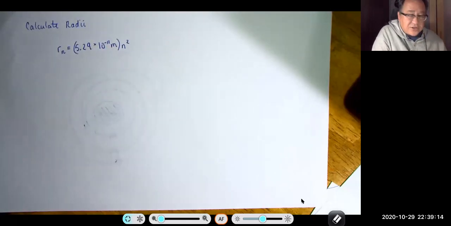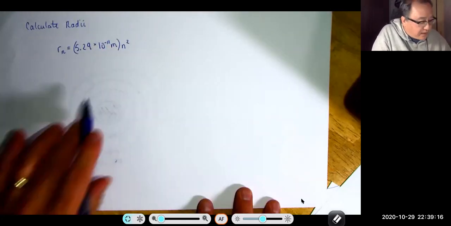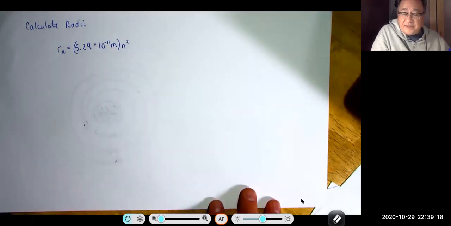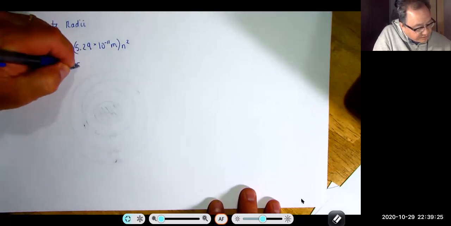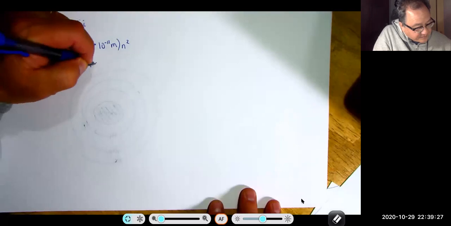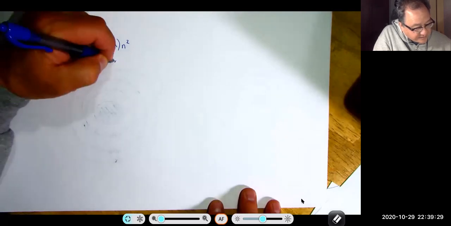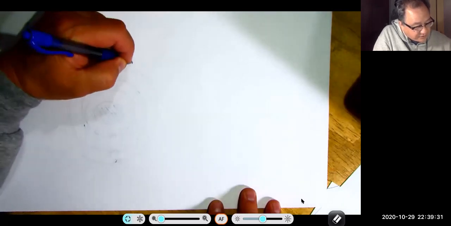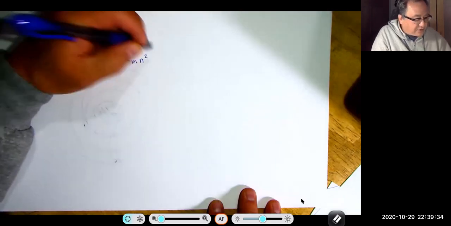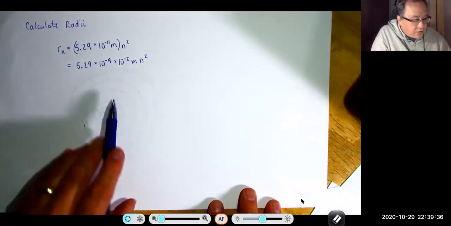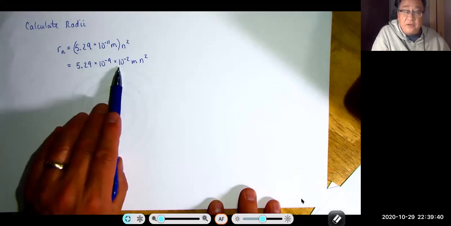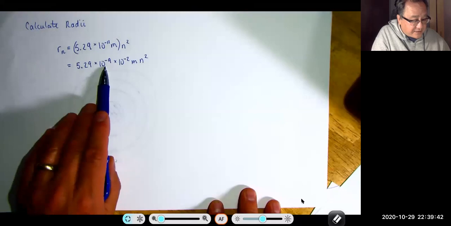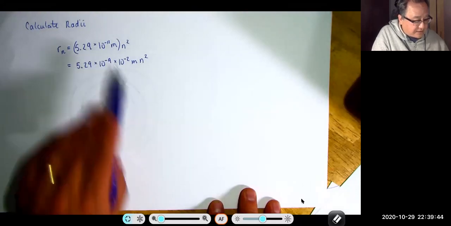So we're going to change this around a little bit. Remember, when you multiply things, a times b times c is the same as a times c times b. So it doesn't matter how you arrange things. So I'm going to change this a little bit to 5.29 times 10 to the minus 9 times 10 to the minus 2 times meters times n squared. So I'm just going to get rid of that parentheses. And notice I made 10 to the minus 11, 10 to the minus 9 times 10 to the minus 2, because 10 to the minus 9 times 10 to the minus 2 is equal to 10 to the minus 11.